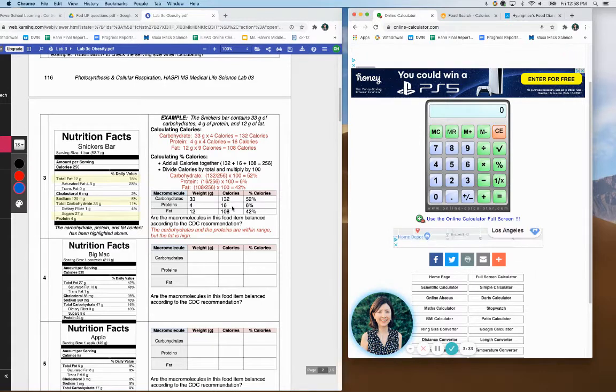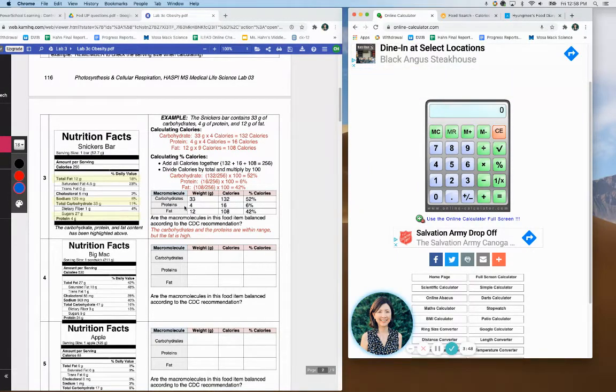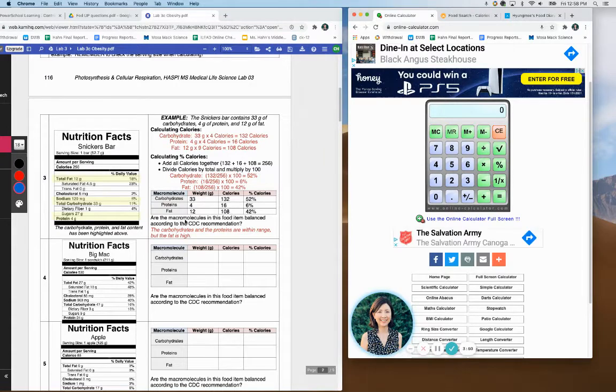Then we want to know what percent of the calories in this Snickers bar are coming from carbs, what percent is coming from proteins, and what percent is coming from fat. So first you have to add up all the calories, and they did that, so they got 256.